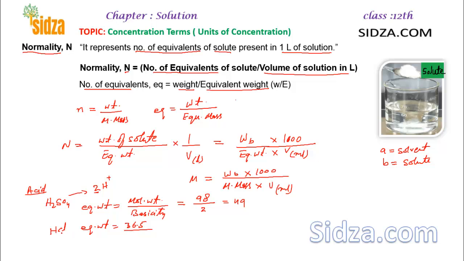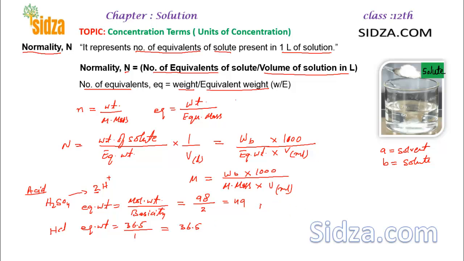The basicity of HCl is 1, so its equivalent weight and molecular weight will be the same. That means for an HCl solution, its molarity will be equal to its normality. There will be no difference. We'll take certain questions on it and see whether there is really any difference or not. So this is how we calculate the equivalent weight for an acid.